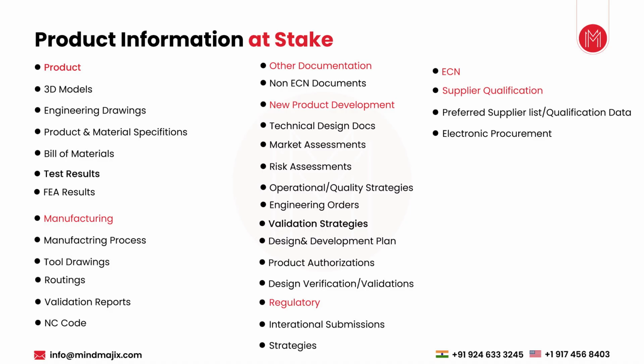Then manufacturer-related information: the manufacturing processes, drawings, routings, validation reports, and the conventions followed in manufacturing. Also quality information: quality plans, operating procedures, and standards. All of these need to be managed, and they are at stake if we are not organizing them efficiently.